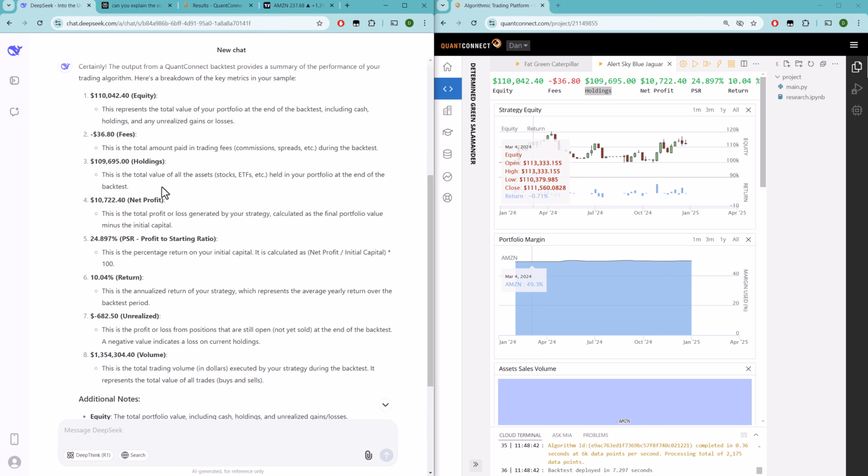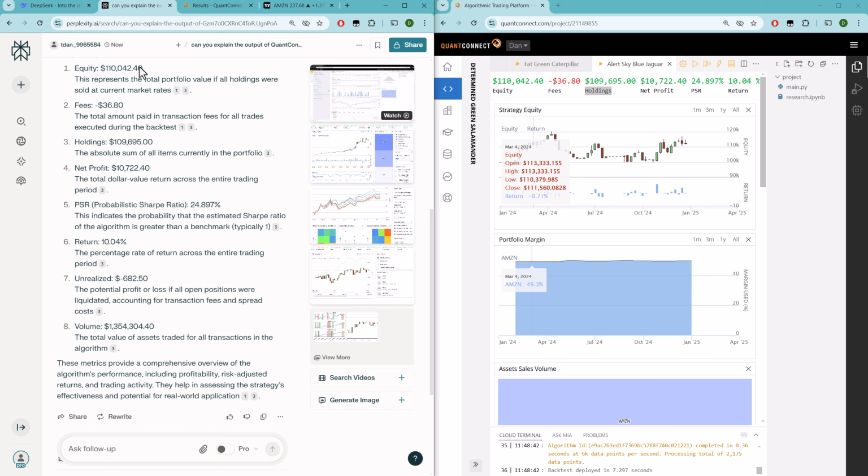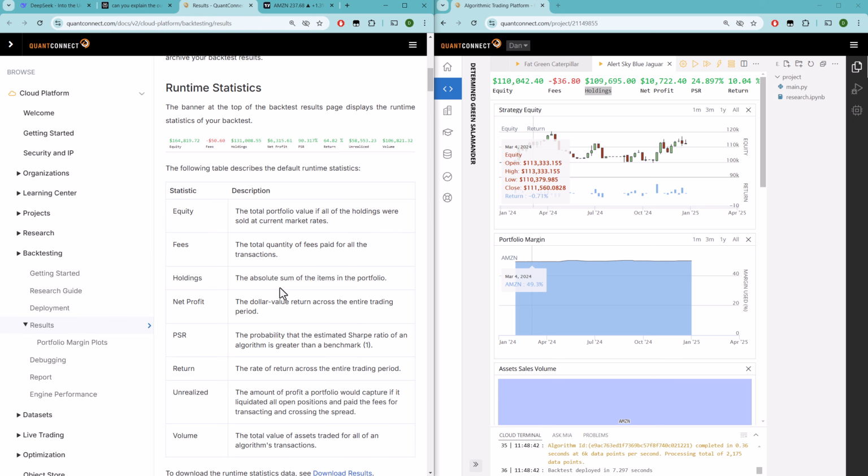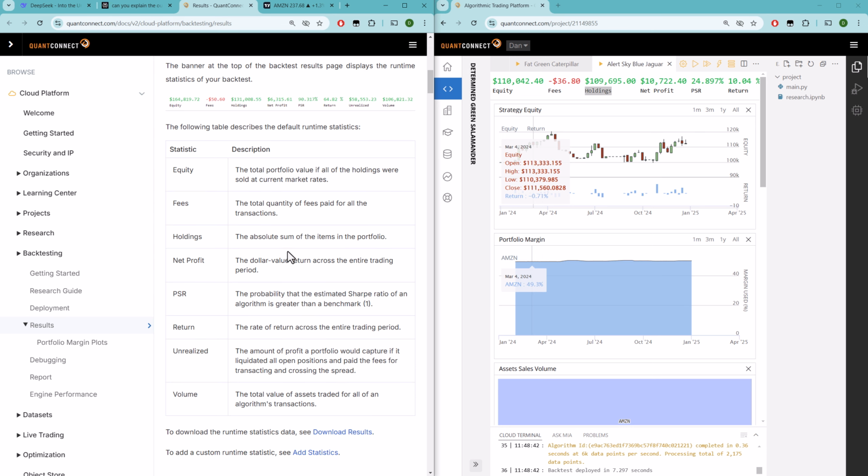Aha, so DeepSeek made up a profit to starting ratio, while Perplexity put the correct one as confirmed by the official QuantConnect backtesting documentation. That's an interesting one. As with all trading aspects, always double check, always do your diligence. You cannot trust even the famous DeepSeek to be correct all the time.